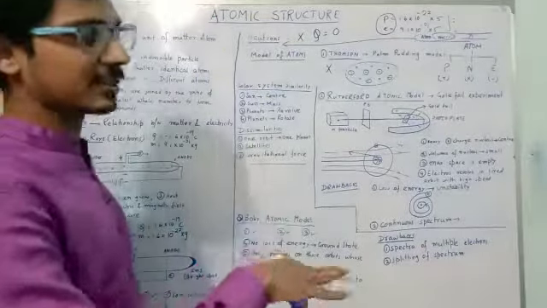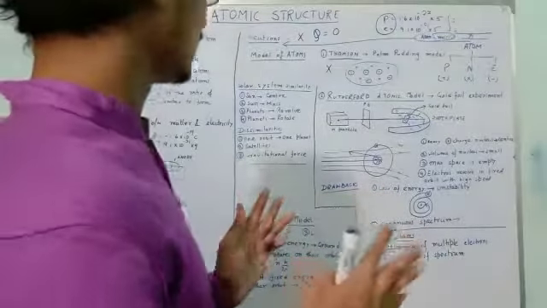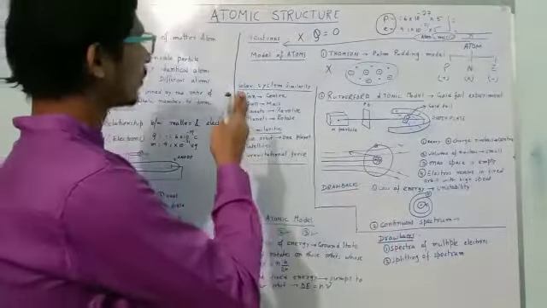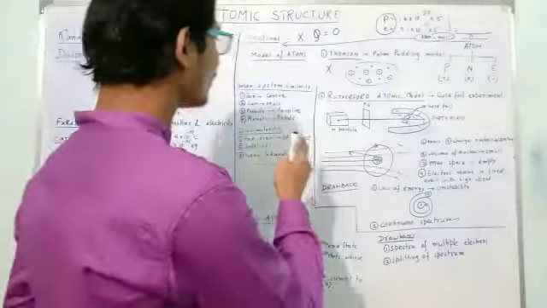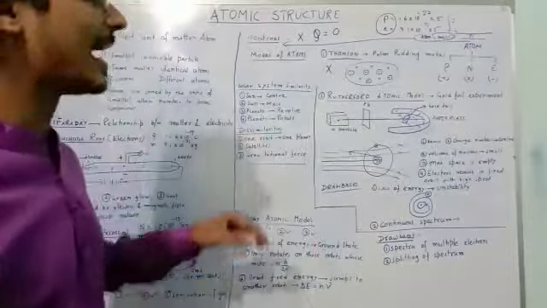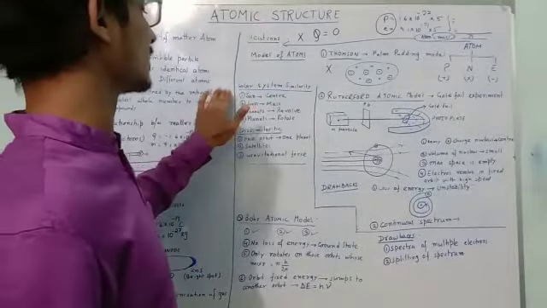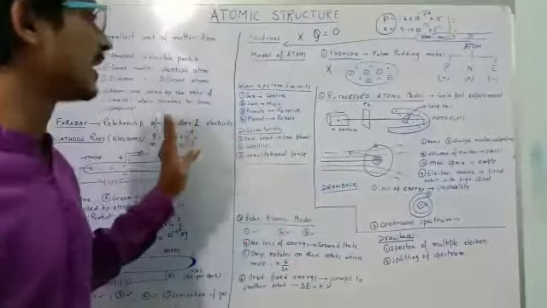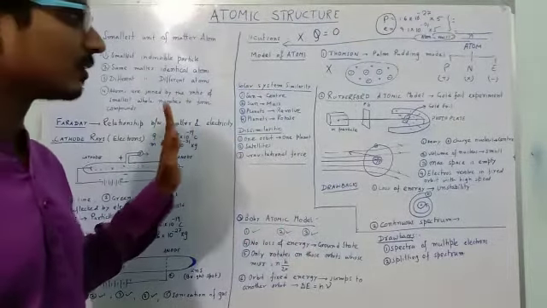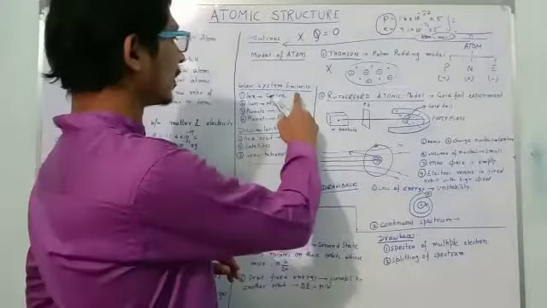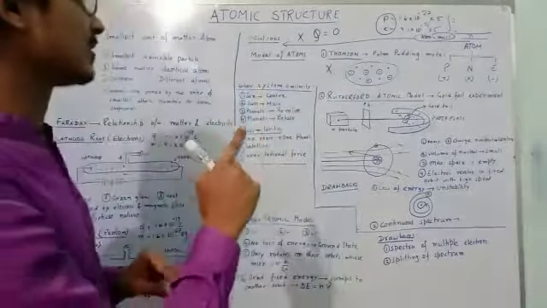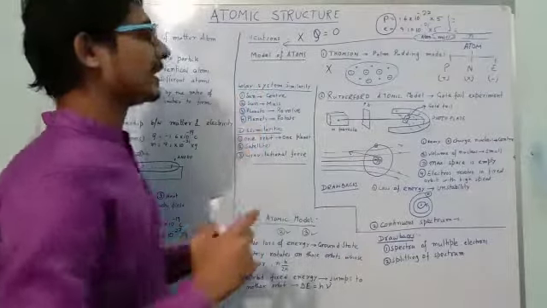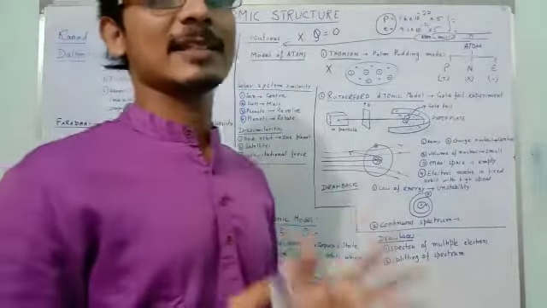So based on this, we will see that the atom has some similarities with the solar system and some dissimilarities with the solar system. What are the similarities of the atomic structure with the solar system? In the solar system we have the sun at the center.